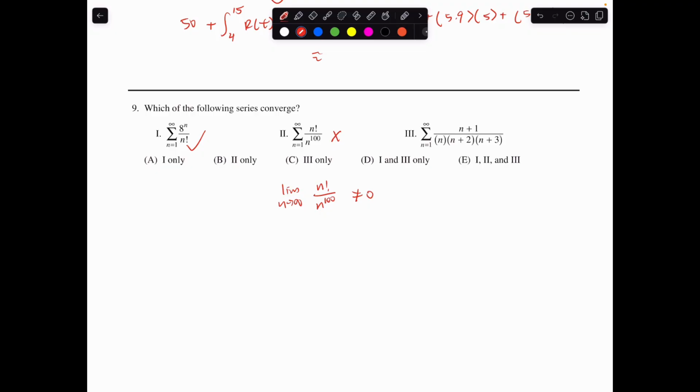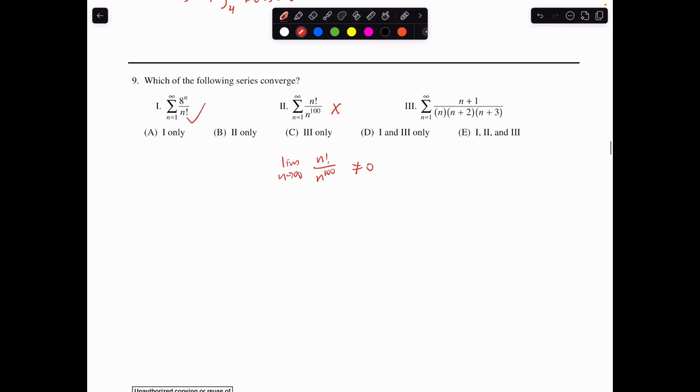And for this one, the numerator is n, and the denominator is n to the power of 3. So that's just 1 over n squared, so it will converge by a p-series. Sounds good. So the answer is D, 1 and 3.